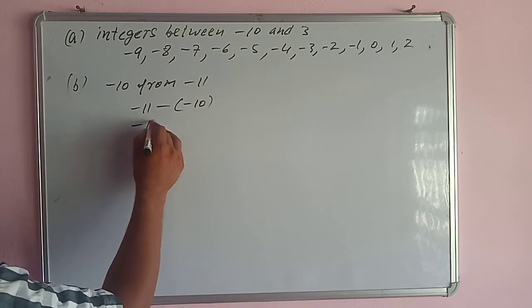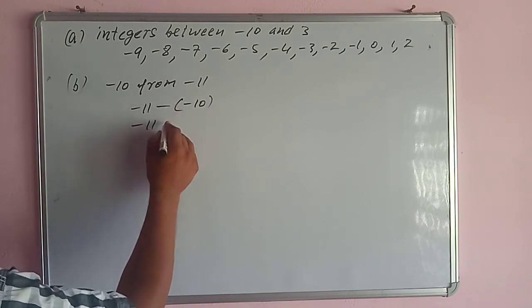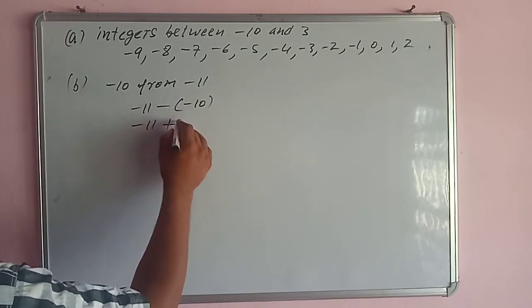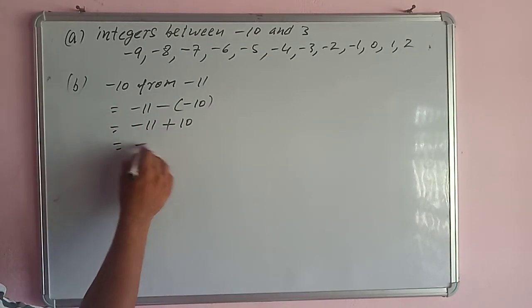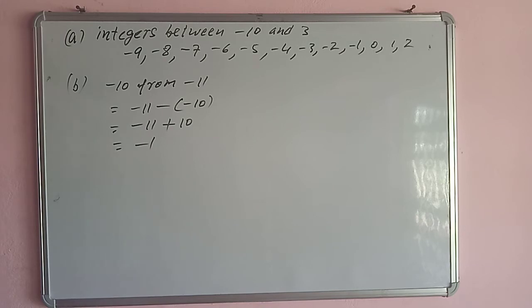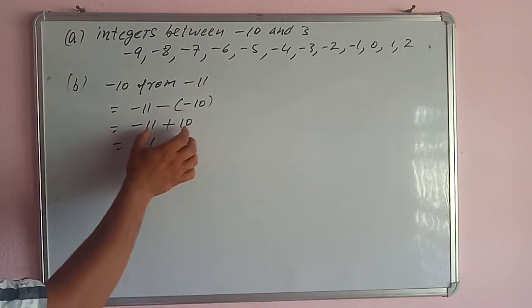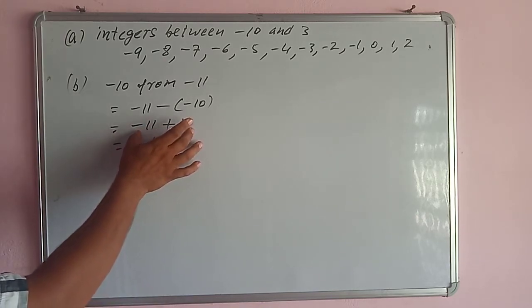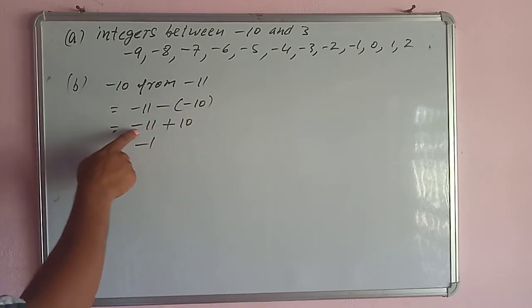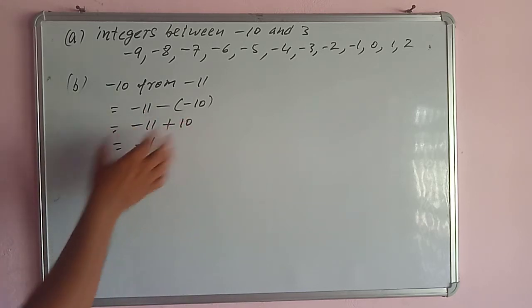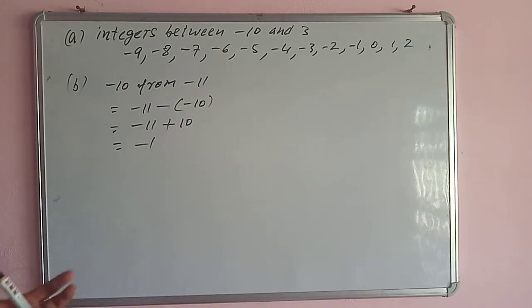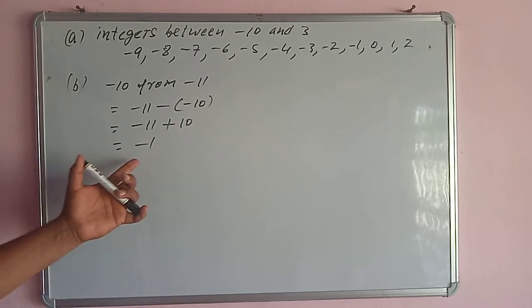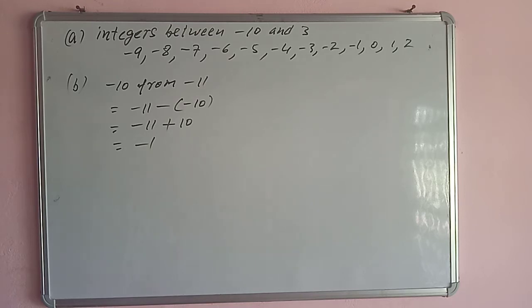So it is -11 minus into minus plus, so it is 10. Now what is the answer? That is -1, because the integers have opposite sign. When both integers have opposite sign, we always subtract them, and the answer takes the sign of the greater number. So it is -1.